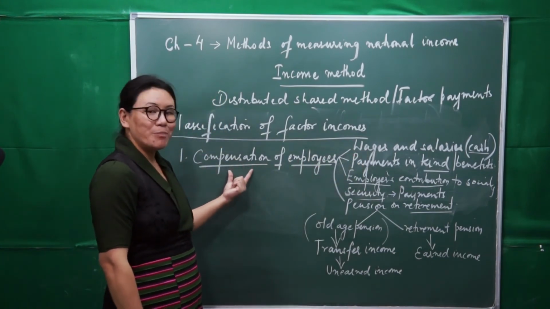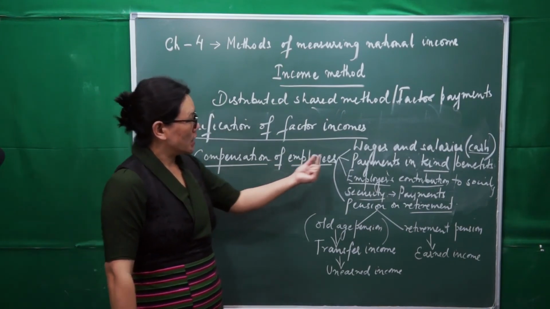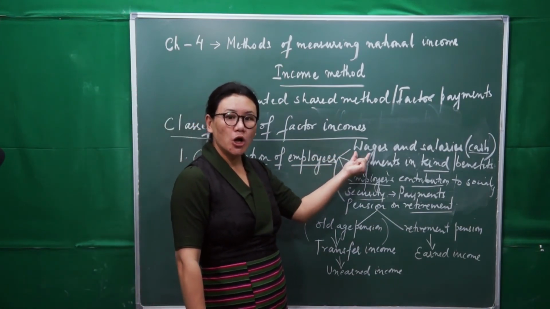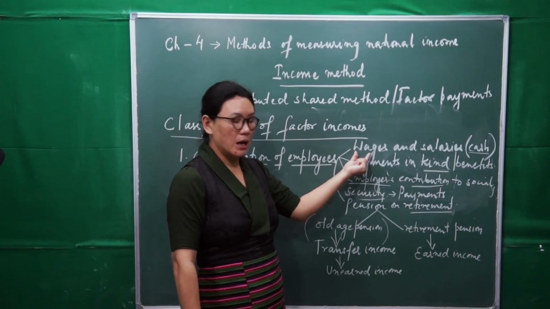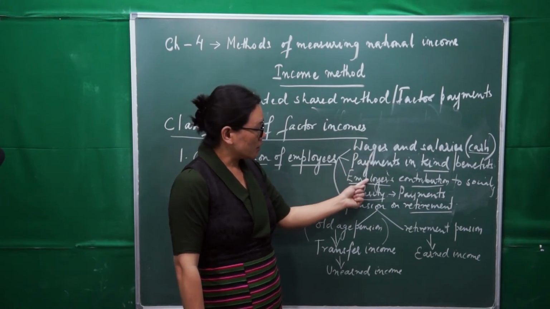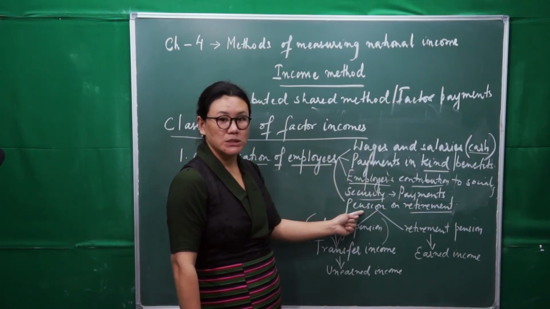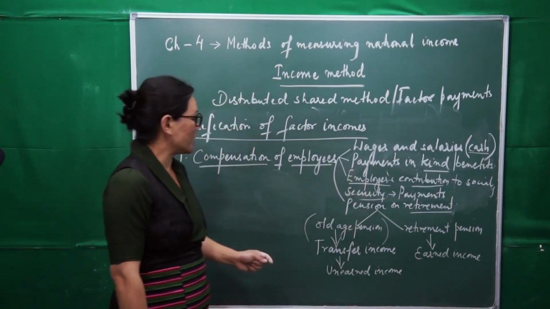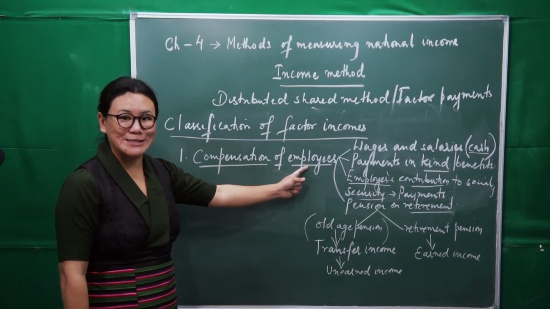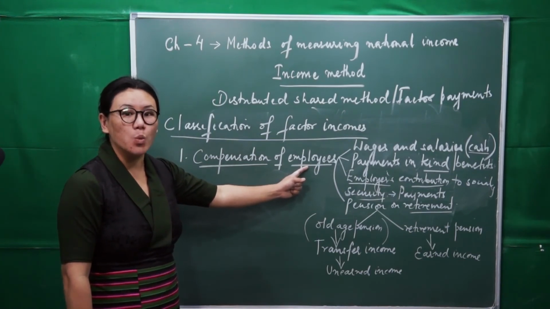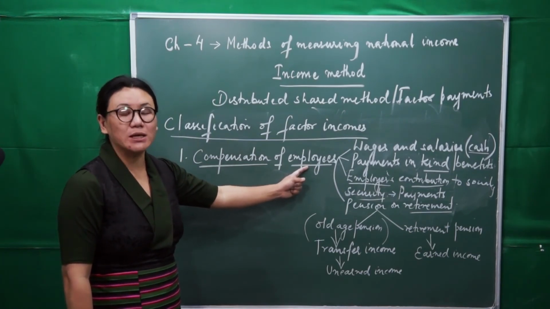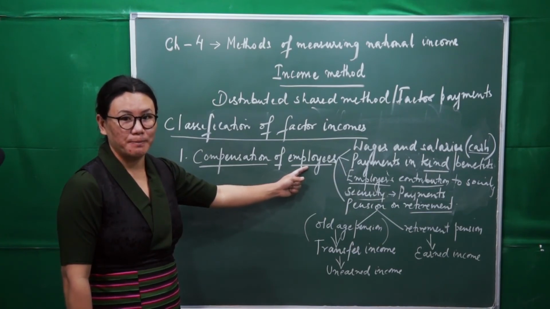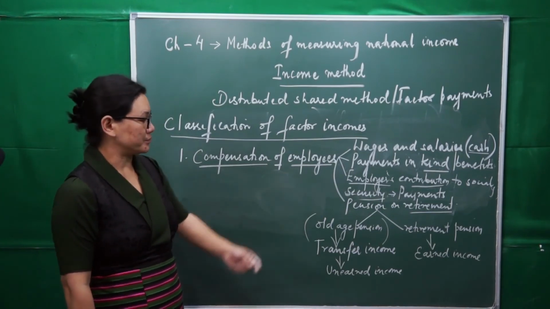So comprehensive here means it includes not only wages, but also facilities and benefits which are given to employees for their work, for their services. Okay?